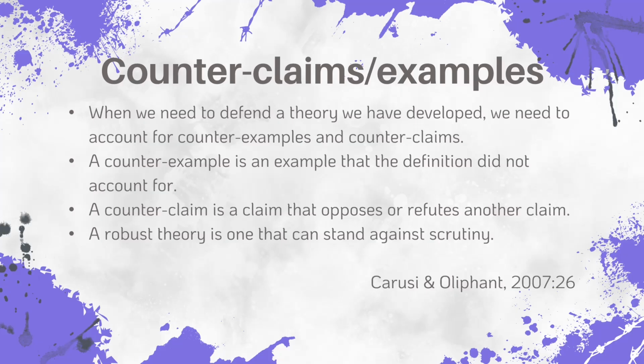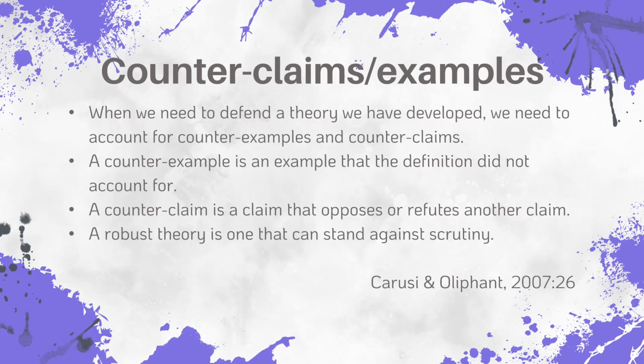It is counter to it, but a counterclaim is a claim that opposes or refutes another claim. So if we were to say the author's intention always matters, then if we have a claim that says, well, there are times when an author's intention doesn't matter, or when we couldn't know an author's intention, then that is a claim that goes against it.